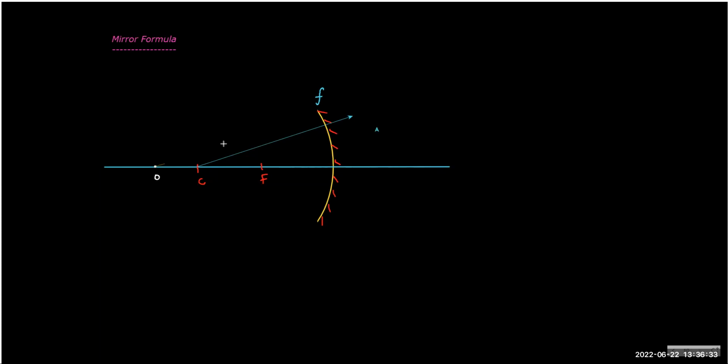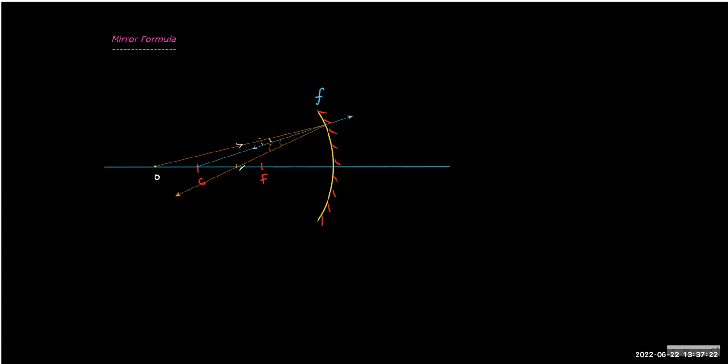The next part is this angle, let's call it the angle of incidence, I. As per the laws of reflection, this ray will come back like this, and we can call the angle of reflection also I, correct?